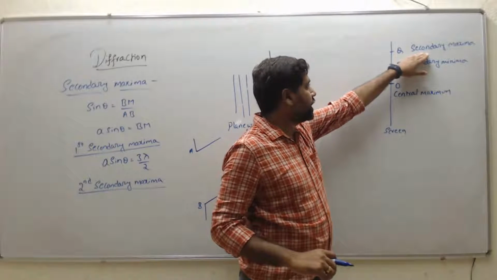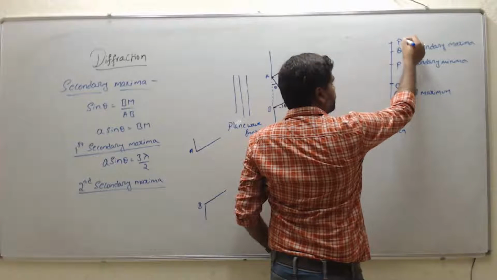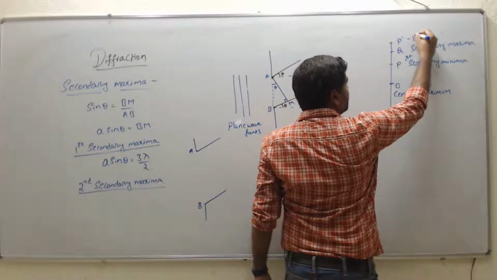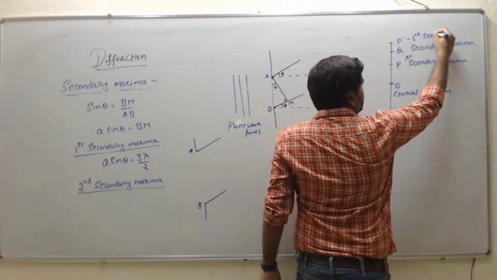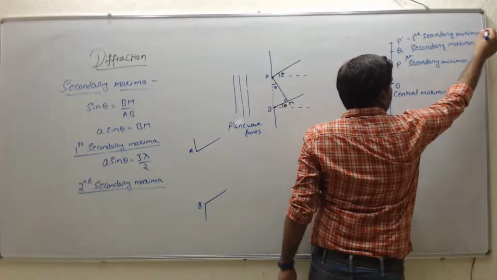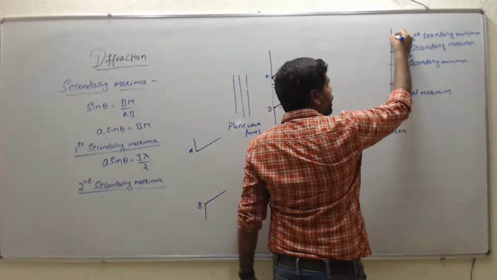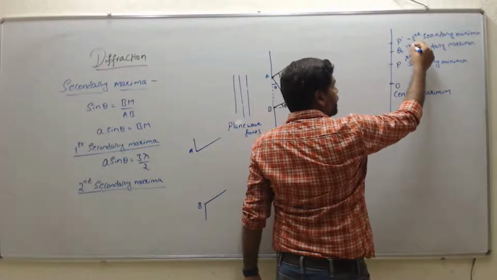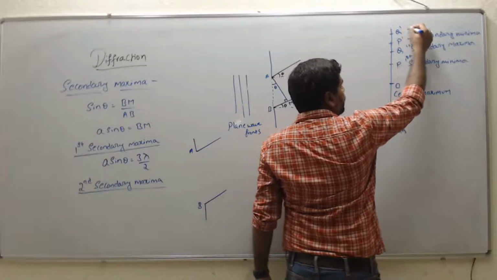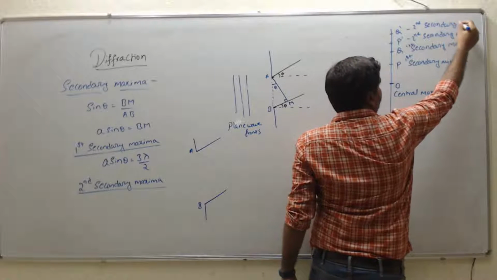So this one is the first secondary maxima. Then here we get one point, that point we can take as P dash. This one is the first secondary minimum. Here we get the secondary minima. In the last class we discussed the first secondary minima and second secondary minima. Now here we get the first secondary maxima. After the second secondary minima, here we have one point, that will be the secondary maxima.